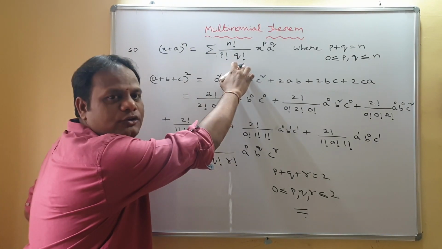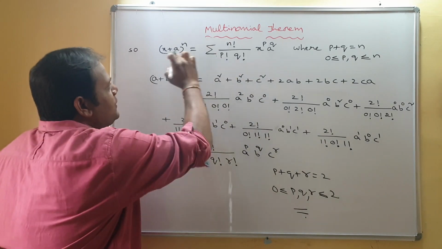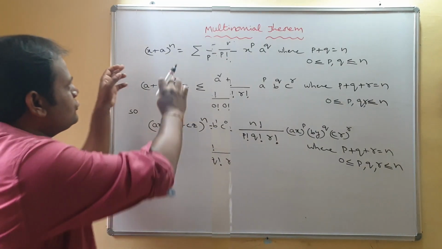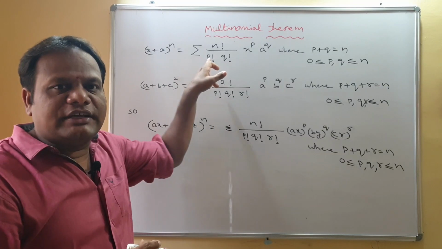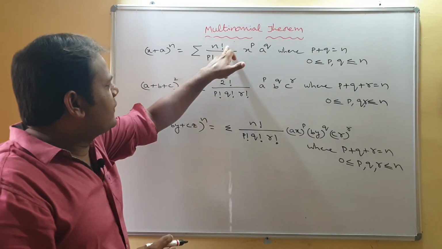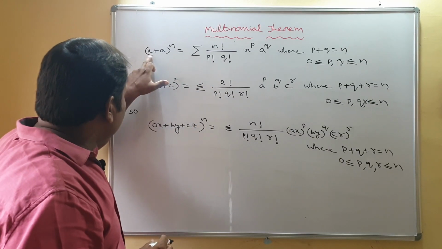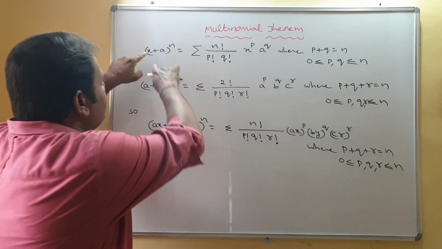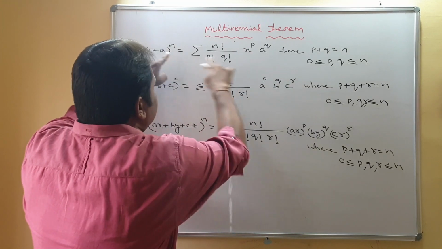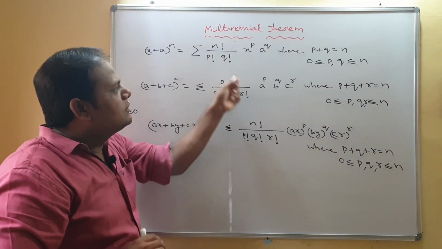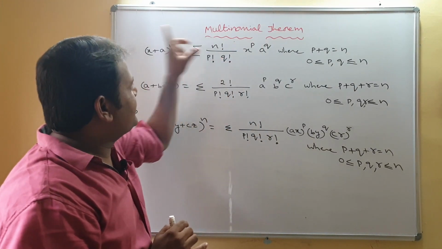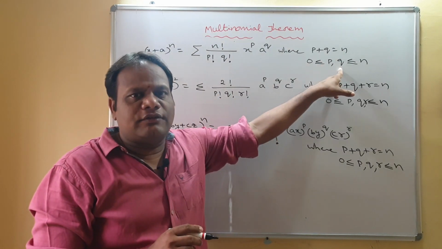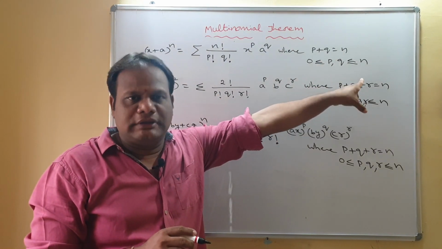So P factorial, Q factorial, X power P, A power Q. So X plus A whole power N is equal to sigma N factorial by, here we have 2 terms in this. So P factorial, Q factorial. First term power P, second term power Q. And P plus Q, the sum of powers must be equal to N. 0 is less than or equal to P, Q less than or equal to N.